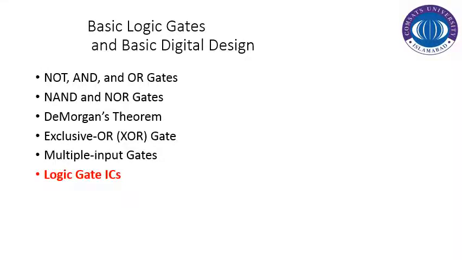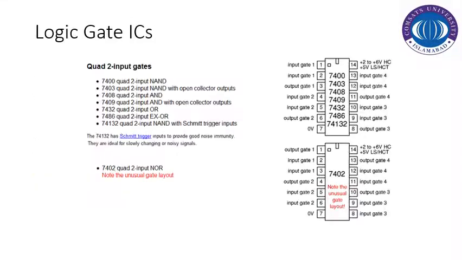So this comes to our last topic of discussion for the class, that is the logical gate ICs. Here you can see this is a 14 pin dual inline package, called the DIP package.